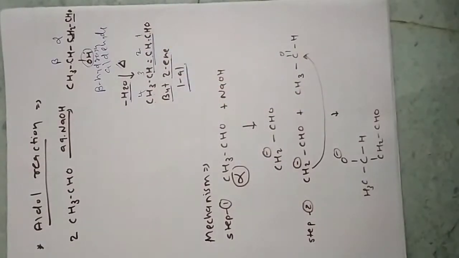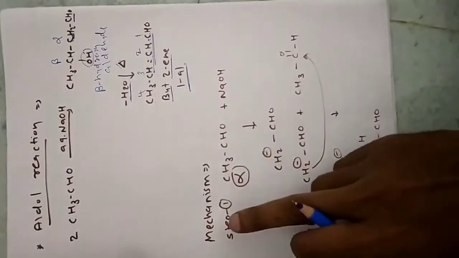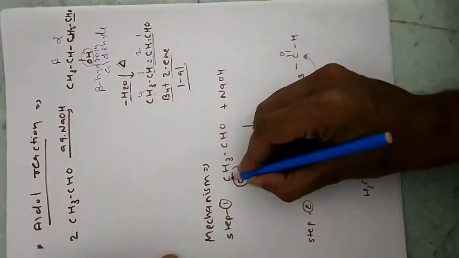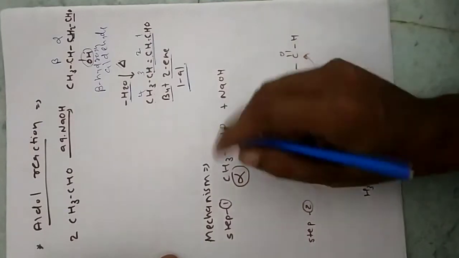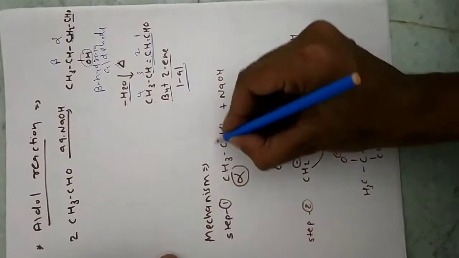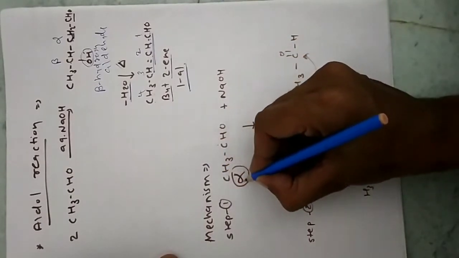Now what is the mechanism to write this reaction? How can we write the products? So you can see here in step 1 what happens. One molecule of CH3CHO aldehyde, this one is our acetaldehyde. Now this one is our alpha carbon.